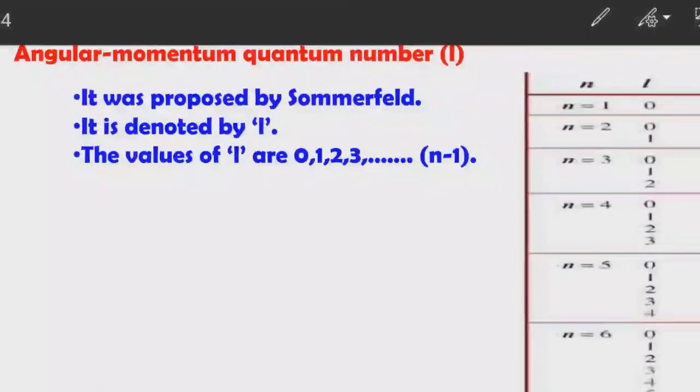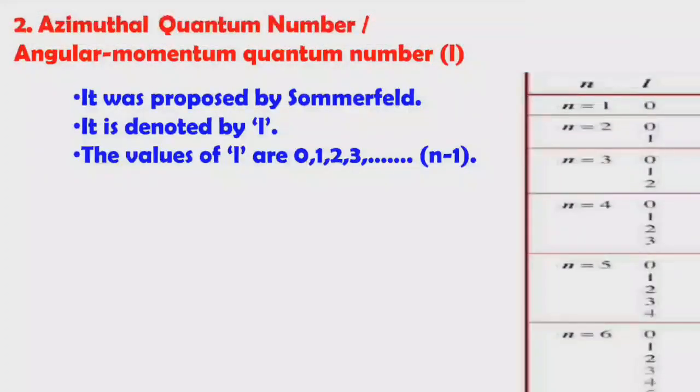Here we can see if n is equal to 1, then l is equal only to 0, because 1 minus 1 is equal to 0. If n is equal to 2, then l values are 0, 1, because 2 minus 1 is equal to 1.